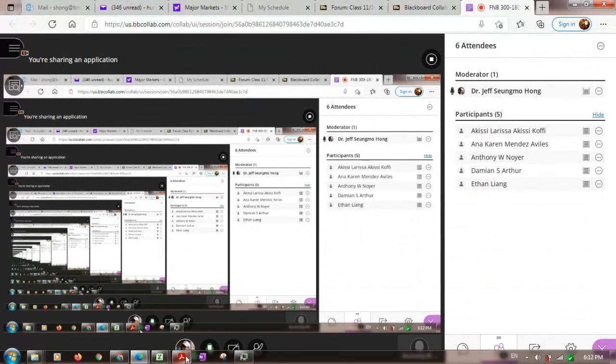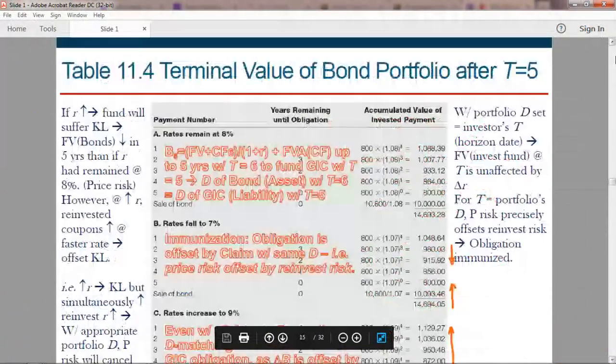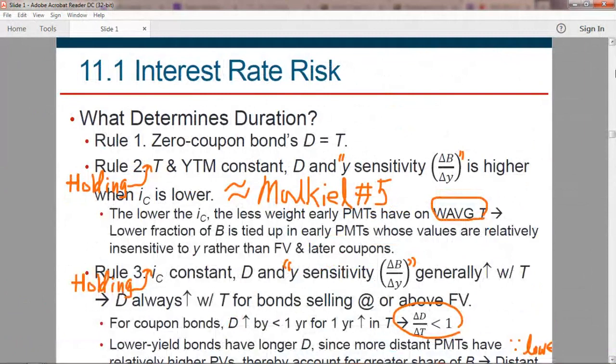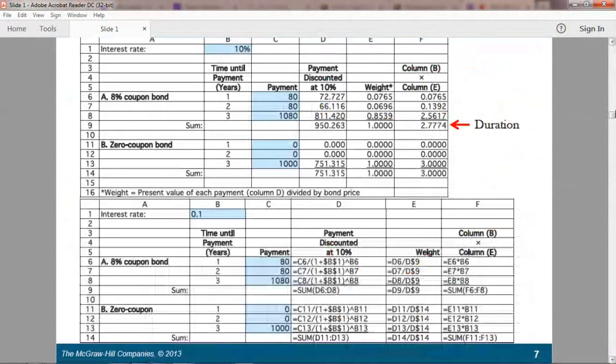So in our last class, we started on duration.